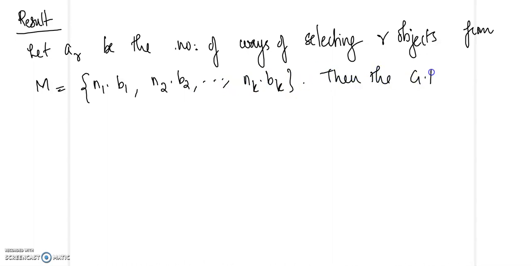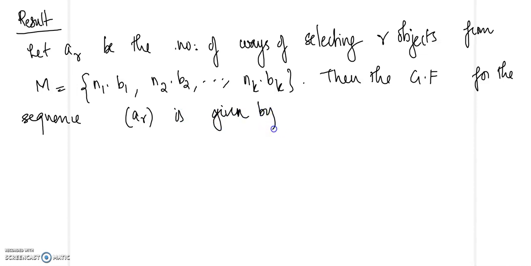Then the generating function for the sequence a_r is given by: corresponding to b1 you will have 1 + x + x² + ... + x^n1. So this is corresponding to b1.